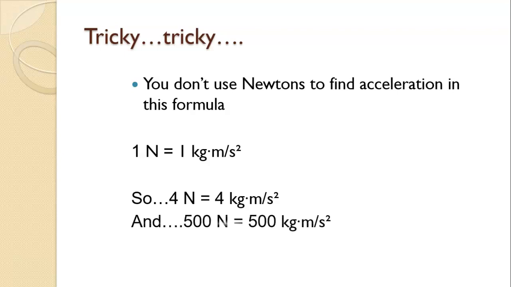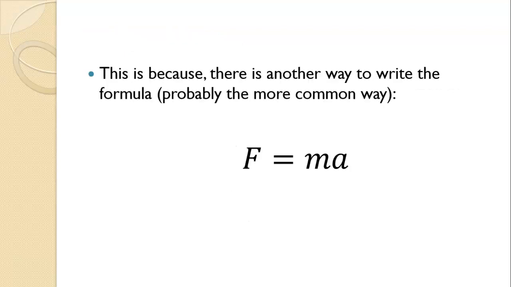It also means that 500 newtons is going to be equal to 500 kilograms times meters per second squared. 12 newtons is going to be equal to 12 kilograms times meters per second squared. I think you get the idea here. 395 newtons, of course, will be equal to, that's right, 395 kilograms times meters per second squared.